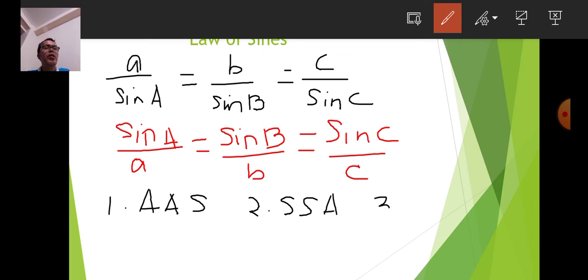And number 3, two angles and the included side are given. So these are the 3 conditions in order for us to apply the law of sines. If one of these three conditions is not present, you cannot use the law of sines.